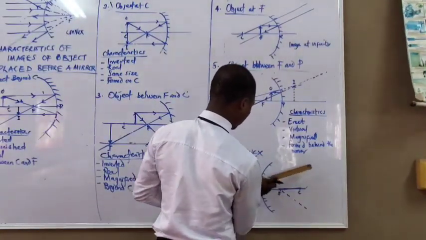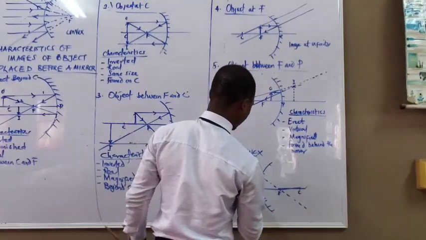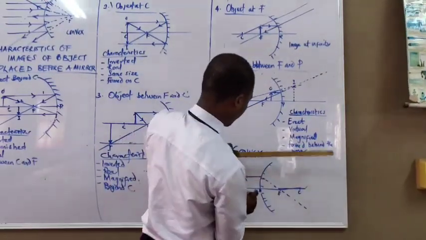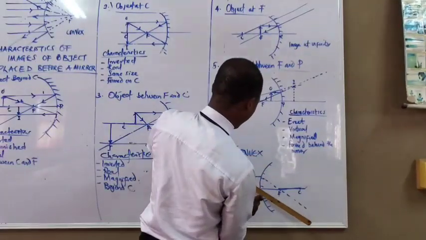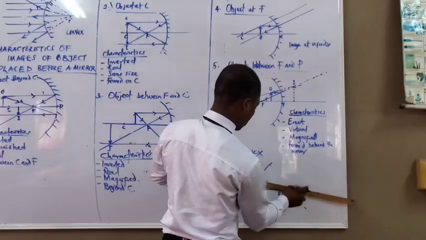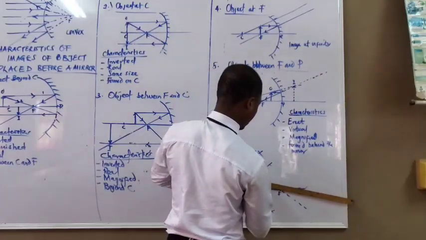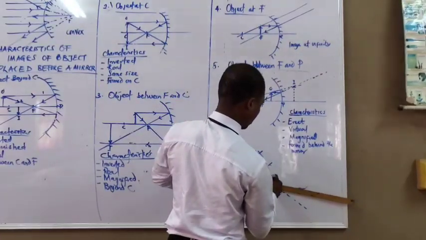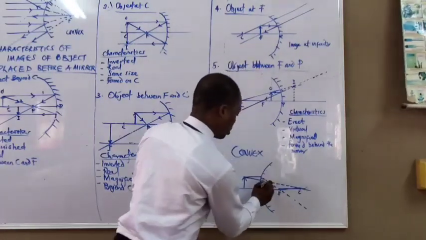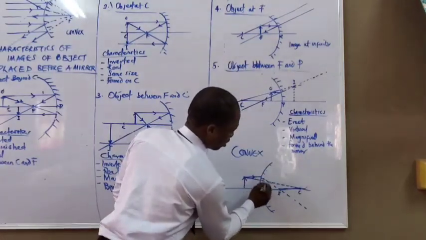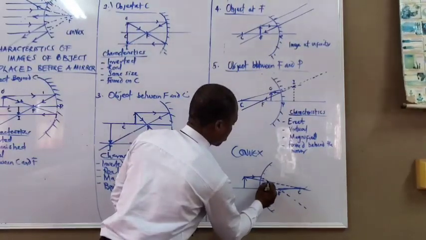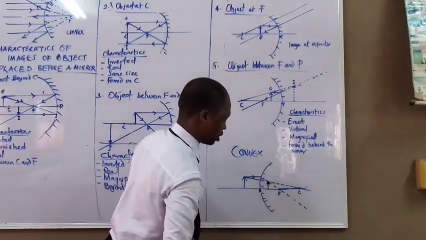Then, let's say this is the P, any point where you put it. Then we also have rays. Draw this. These two rays intersect at this point, so you're going to draw a virtual image.